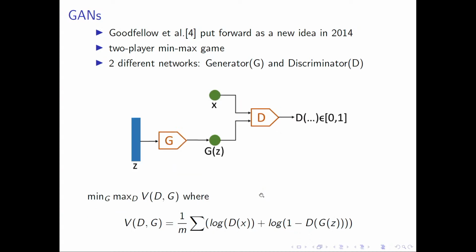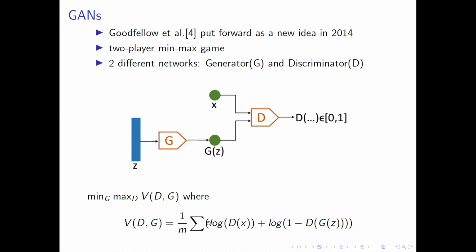When we combine them, the main aim in this architecture is that G wants to fool the discriminator. How does it achieve this? If D cannot distinguish whether a data is fake or real, that means the generator has succeeded in fooling the discriminator.